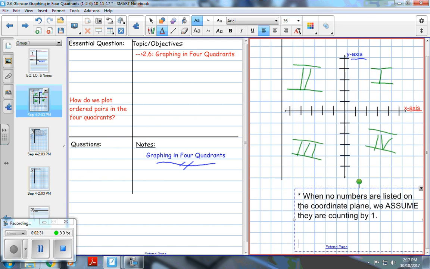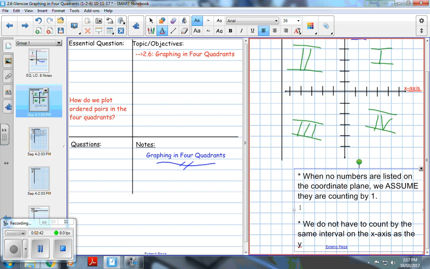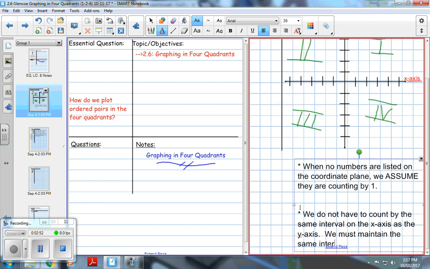It's also important to realize we do not have to count by the same interval on the x-axis as the y-axis. We must maintain the same interval for each axis.